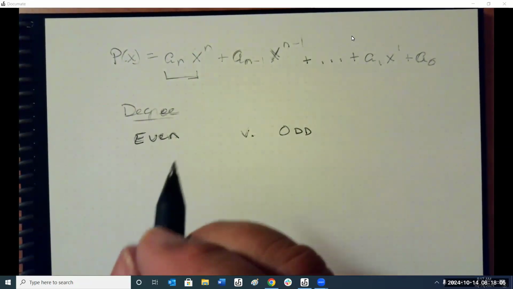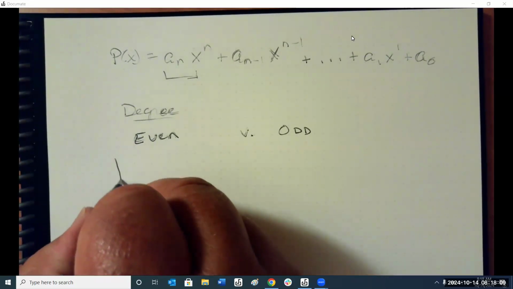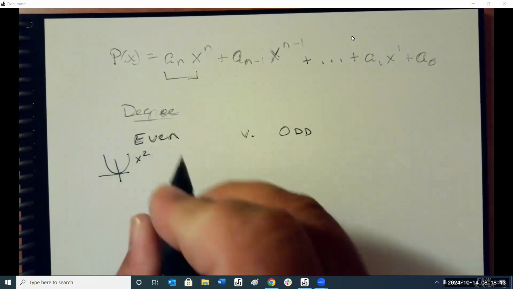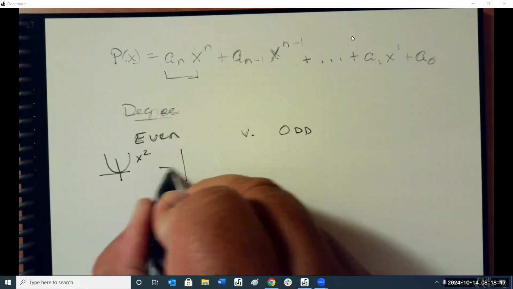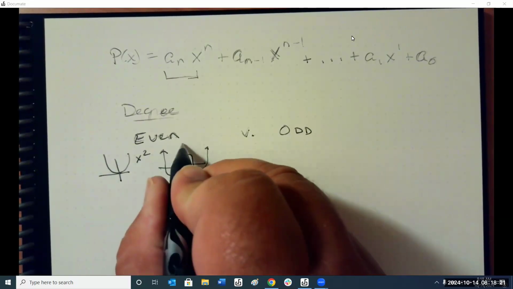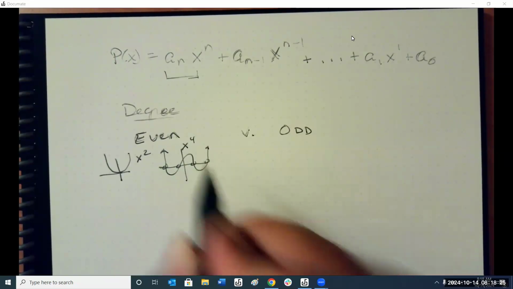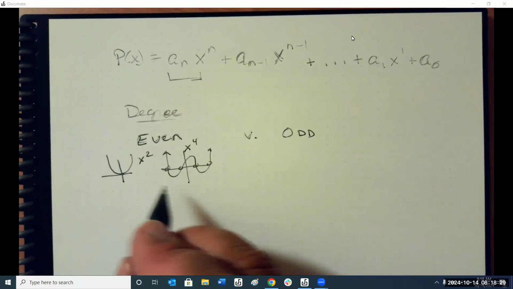If the degree is even, from our library of functions, we have x squared, x to the fourth will look something like this, which has at most 4 x-intercepts, and so on and so forth.